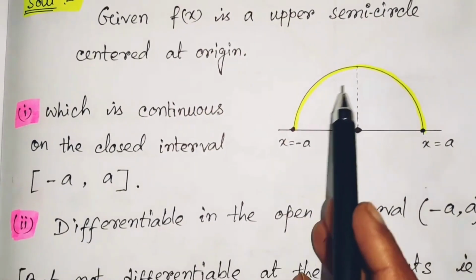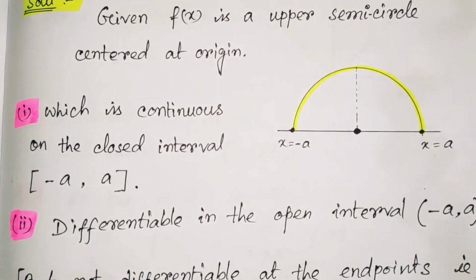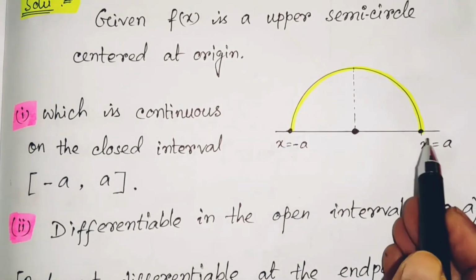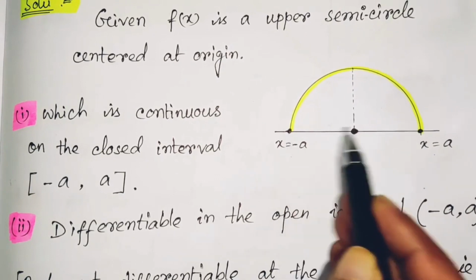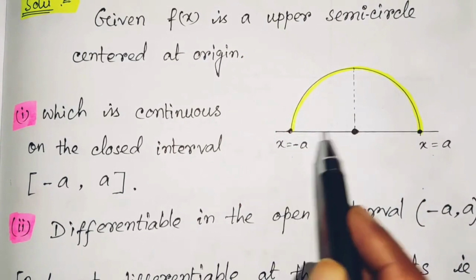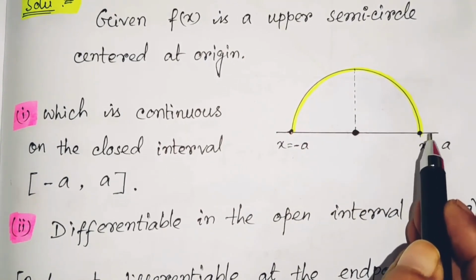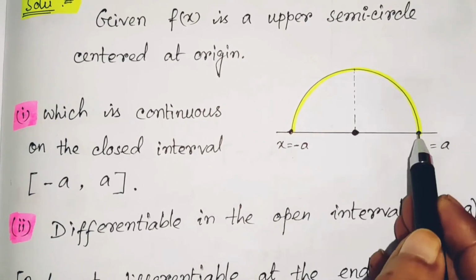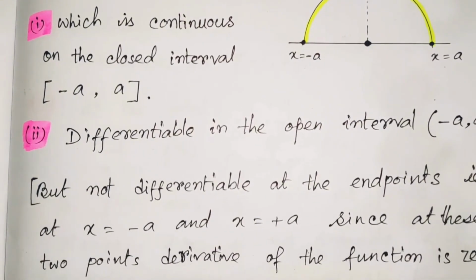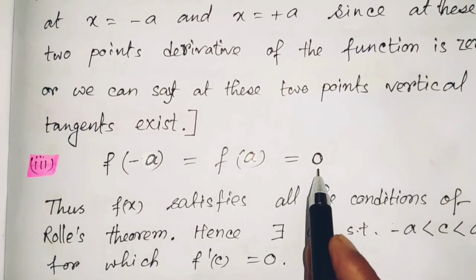This is definitely continuous within −1 to 1 and differentiable also within the open interval only, not at this point and this one, because at these two extreme points we get a vertical tangent. A vertical tangent doesn't exist actually at these two points, which means the derivative doesn't exist. Now at the end points, the functional value becomes 0 for both cases.